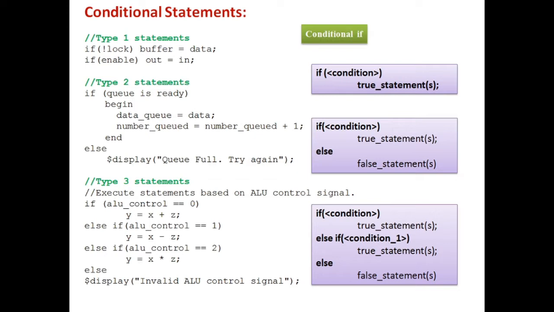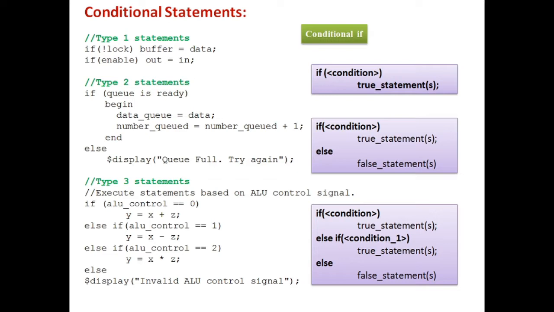It will generally be like: if expression, and if that expression is true and it is meeting the required condition, the corresponding statement below will get executed. So this is about type 1 statements.